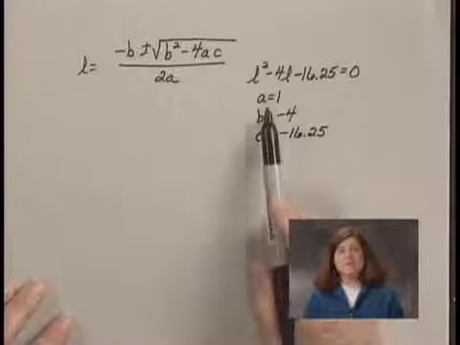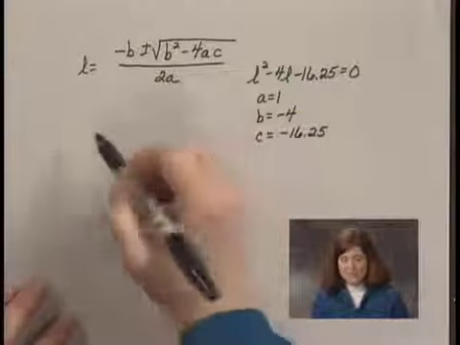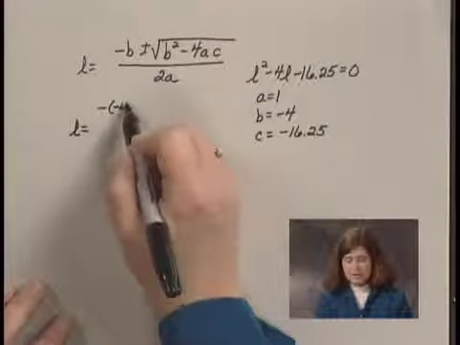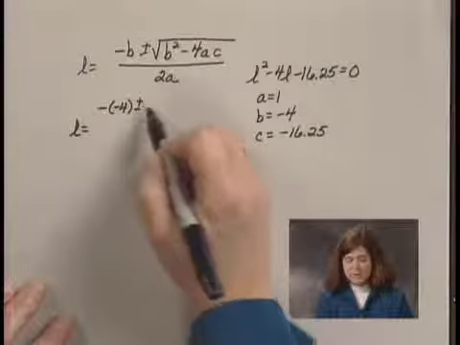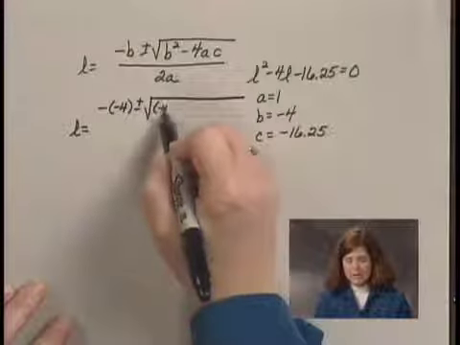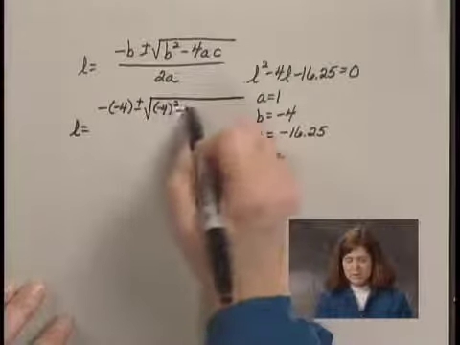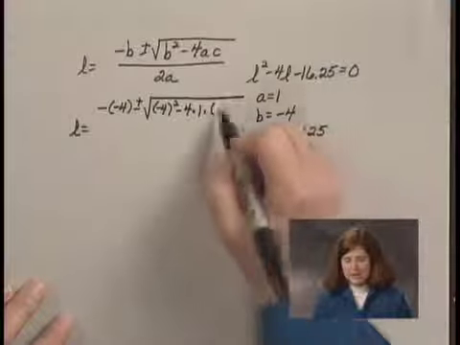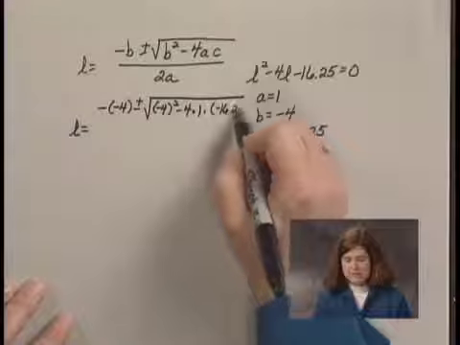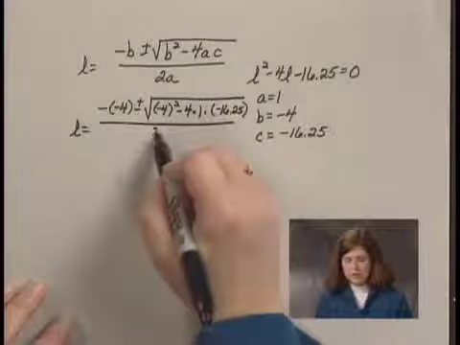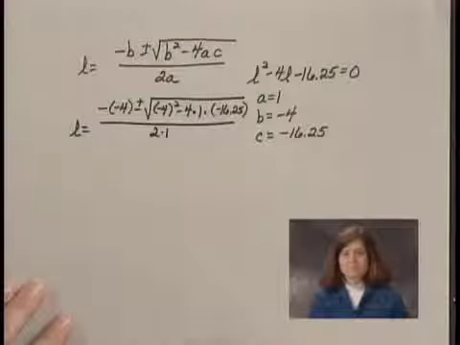So I substitute A, B, and C in the quadratic formula, and I have L equals the opposite of B plus or minus the square root of B squared minus 4 times A times C, which is negative 16.25. And all of that is written over 2 times A, or 2 times 1.